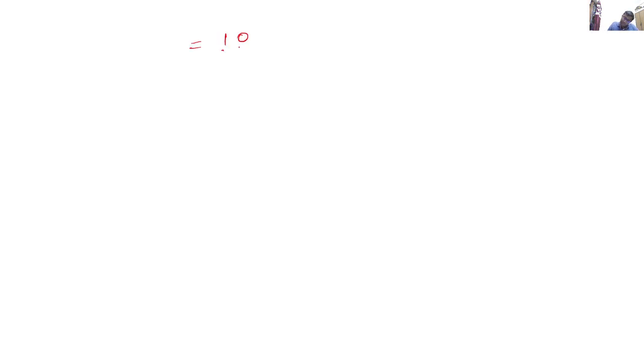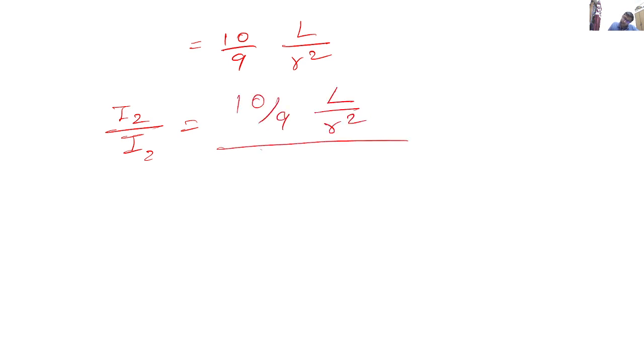So that comes out to be 10 by 9 L by r square. So we need to find out the ratio. I2 by I1 is equal to 10 by 9 L by r square divided by L by r square. It is 10 by 9, that is 10 is to 9. That is the ratio.